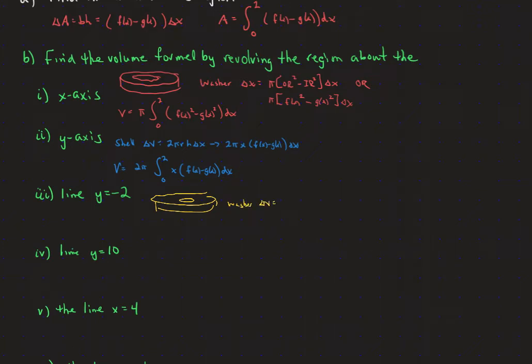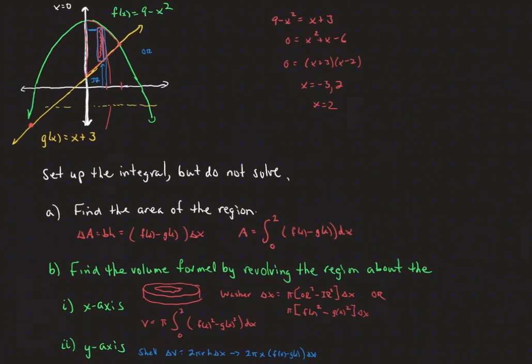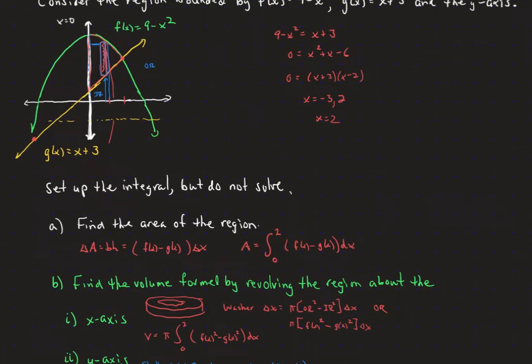Our delta volume is again going to be pi outside radius squared minus inside radius squared times a delta x. Now our outside radius is going to go from the outer edge of the solid to that axis of revolution, the line of revolution. So that's going to be top minus bottom.